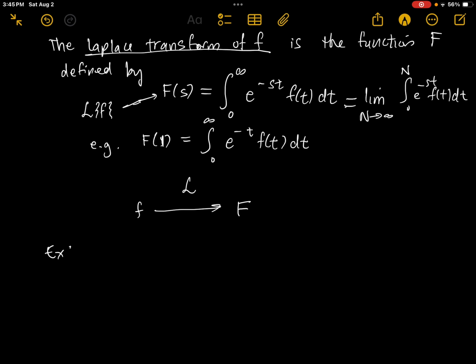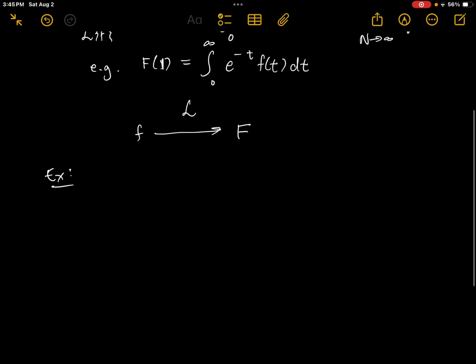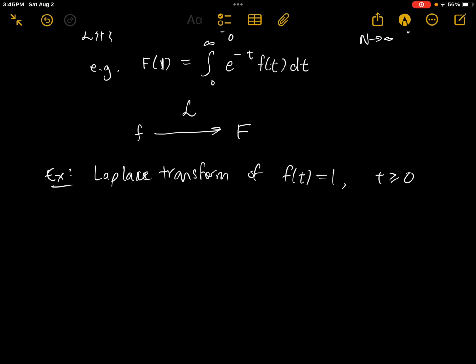Let's look at this example. What's the Laplace transform of the function f of t equals 1? And this is, remember, when your function is only defined from 0 to infinity.